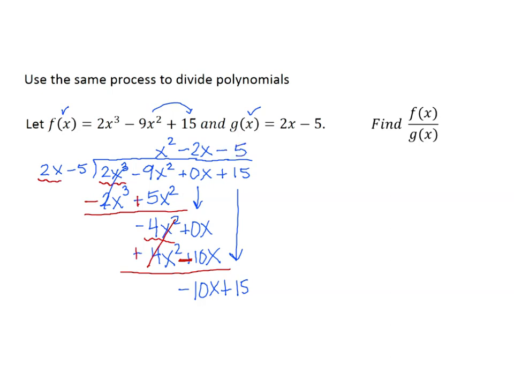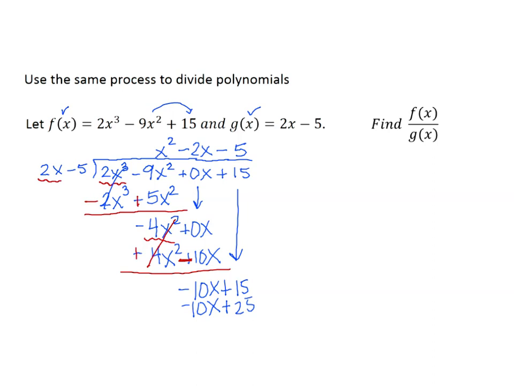So then I take that negative 5 and multiply it by 2x minus 5. So negative 5 times 2x is negative 10x. And negative 5 times negative 5 is positive 25.